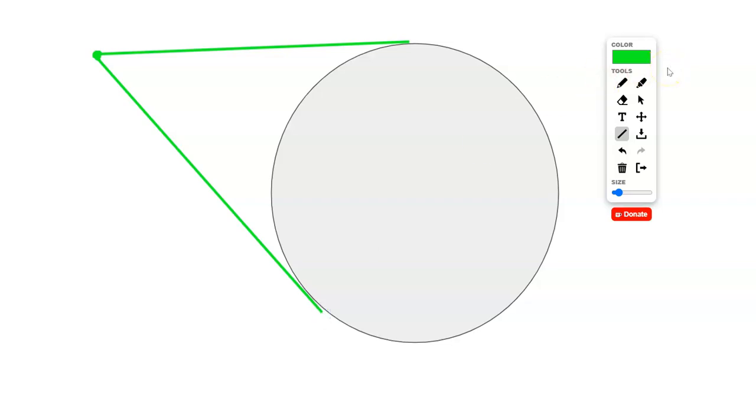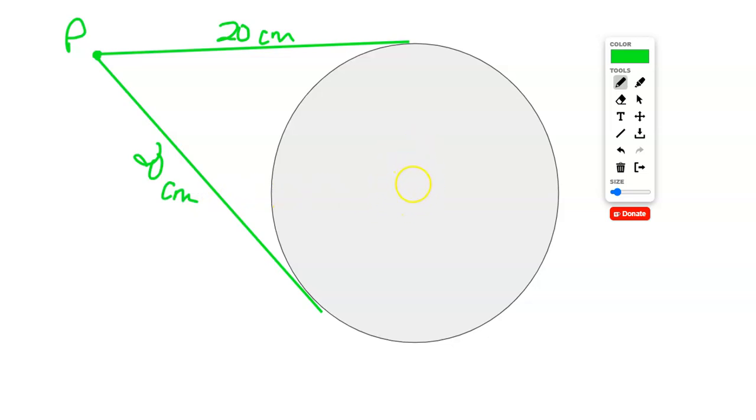And that second thing you need to know is that as long as these two tangents are coming from the same point, I'm going to call it P, these are automatically going to be congruent or equal to each other. So if I measured that on my screen, it might measure about, I don't know, maybe 20 centimeters. So then this one should measure the same 20 centimeters.